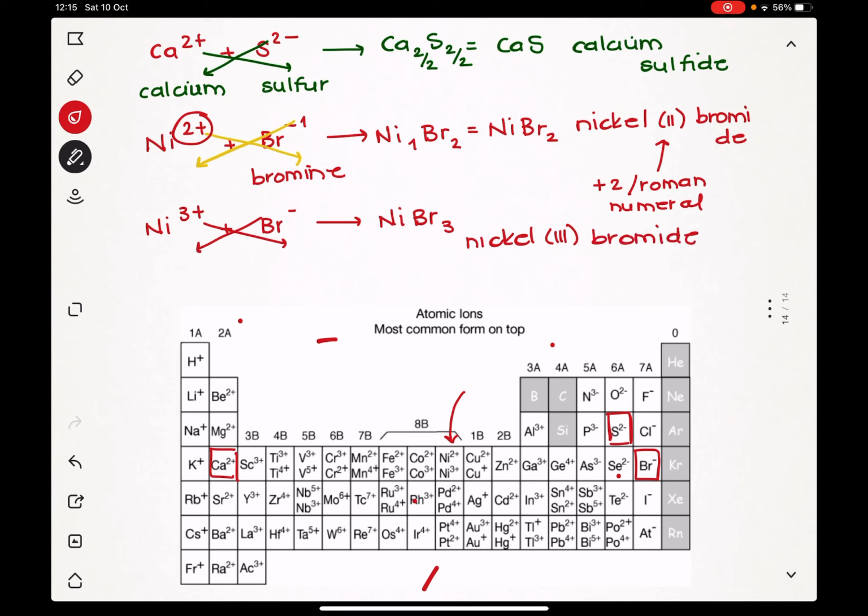So it is very important when we're naming ionic compounds that we consider if they're working with a variable charge or they're working with just one charge. If they are working with a variable charge, we need to specify it here. So variable charge goes here. If they only work with one, we do not need to specify that charge.